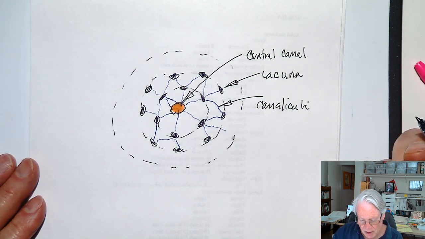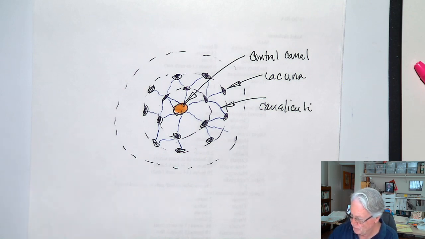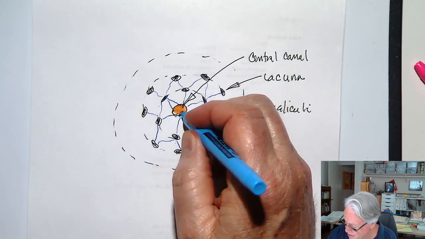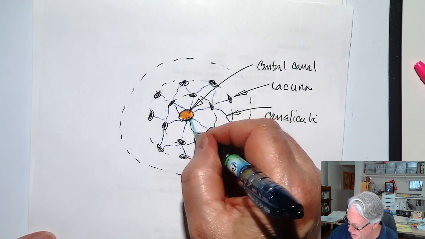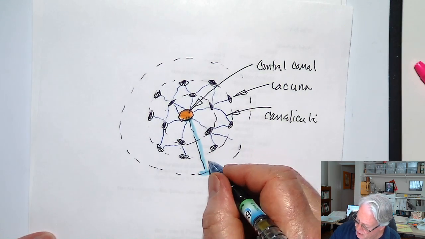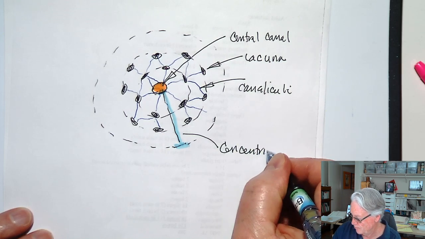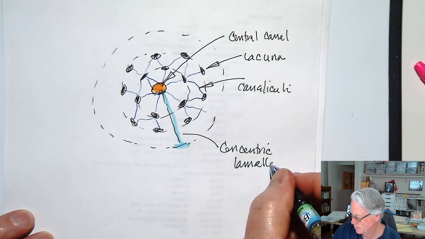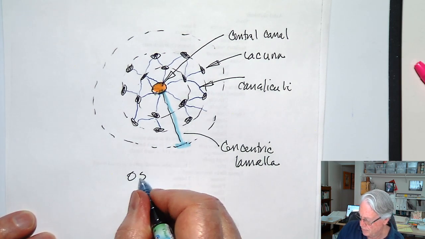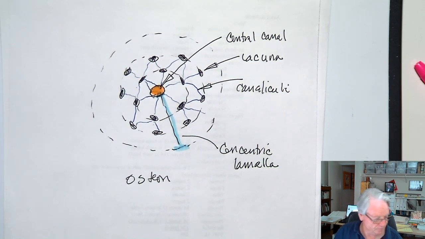Okay. And let's see, what else have we got here? The concentric lamellae. So why don't we do this? Bring in a nice strong color here. And from here to here, we're going to identify that. And that's my concentric lamellae. Okay, and that's your basic osteon. Pretty straightforward. Easy, easy, easy.